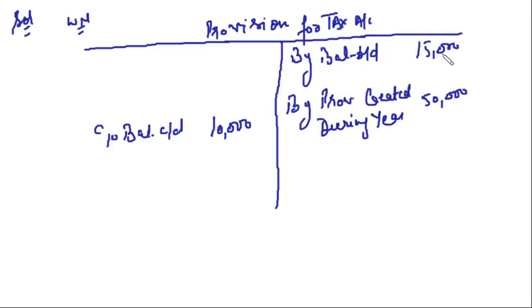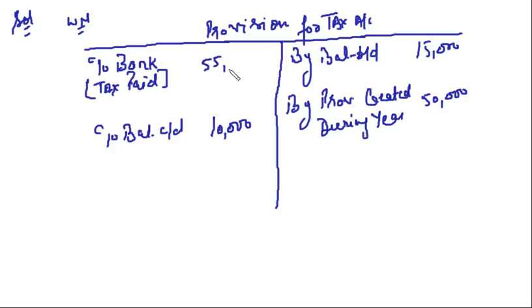Now what is the balancing figure? In the morning you have 15,000 in your pocket. You added another 50,000 in your pocket, but at the end of the day you have only 10,000. That means the remaining amount is to bank, in bracket we will say tax paid, right?